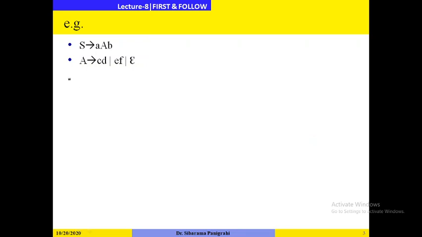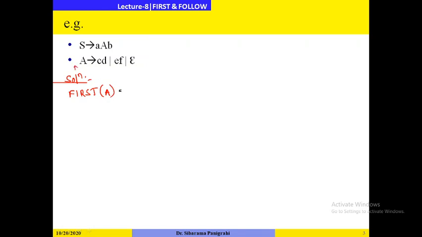So first let me compute the First of A. While computing the First, as I told you, you start with a non-terminal whose right hand side started with a terminal as well as epsilon, right? If epsilon is absent or terminal is absent, no problem, but you have to start from that. Otherwise you can say that you can start from the bottom, right?